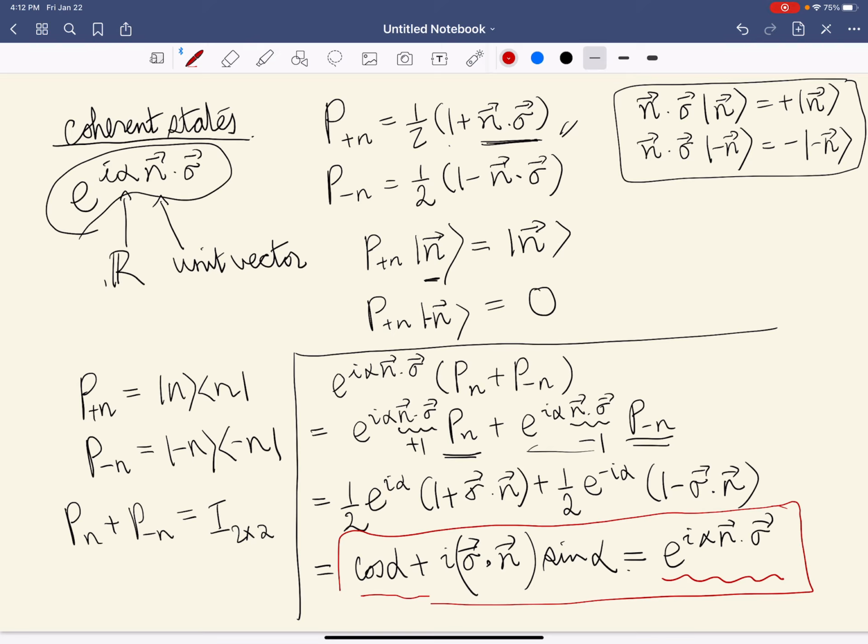This formula will come in handy in various contexts of studying the two-level dynamics of a quantum system. So let's try to familiarize yourselves with these techniques and derivations.